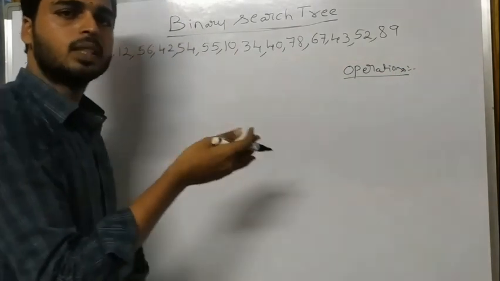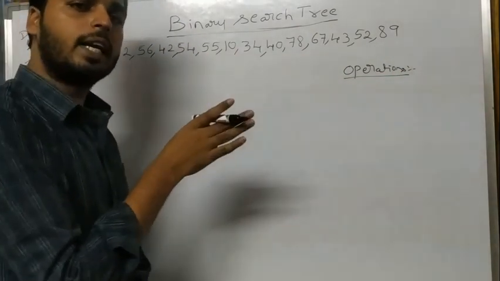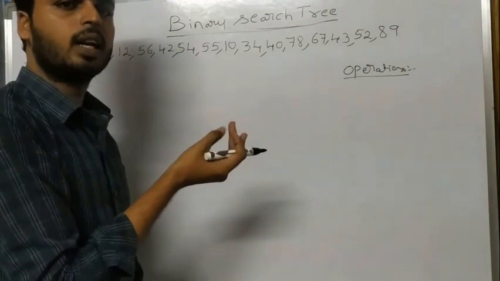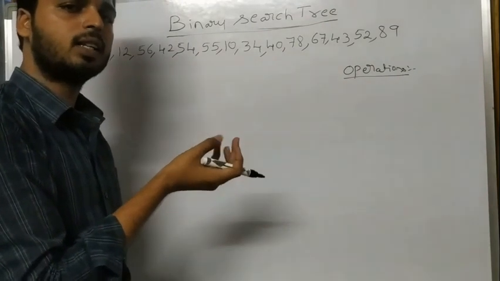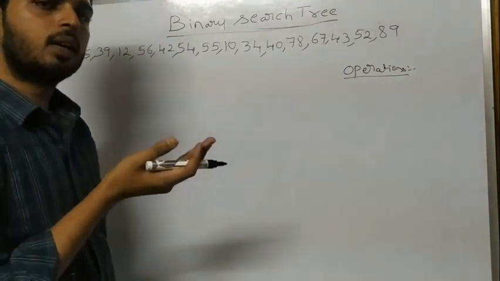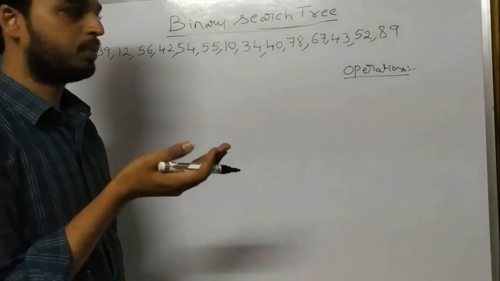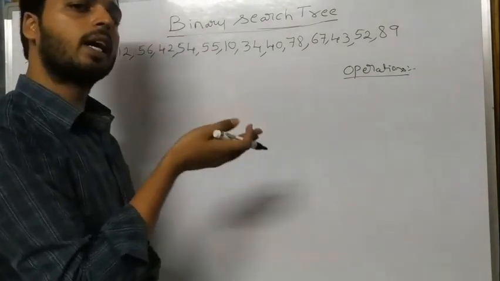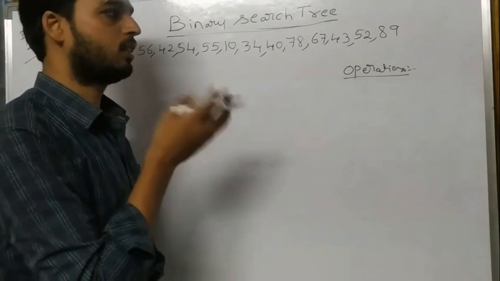Before moving to the example, we will see the operations of binary search tree. These operations are the same for any kind of trees. Like linked lists: single linked list, circular linked list, double linked list, double circular linked list, all the operations are the same, but implementation is different. Similarly, tree operations are the same for all kinds of trees, but implementation is somewhat different.